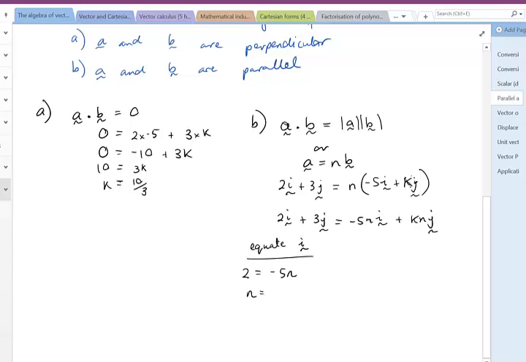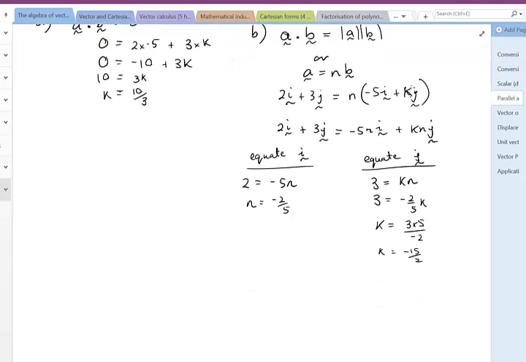So therefore, n is equal to negative 2 on 5. Now, if we equate the j direction, we get 3 is equal to kn. We already know what n is, so 3 is equal to negative 2 on 5 k. We can multiply across the 5 and divide by the negative 2, and we can isolate k. So k is equal to 3 multiplied by 5 over negative 2. So k is equal to negative 15 on 2.